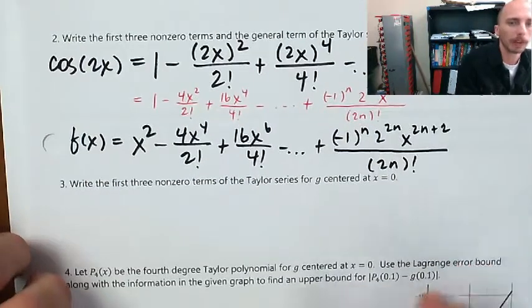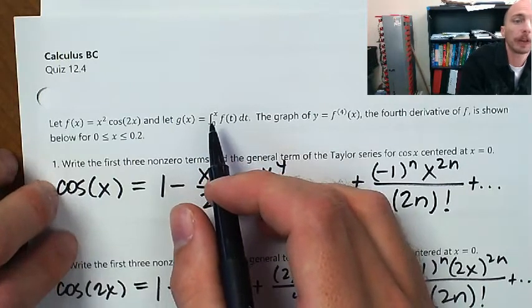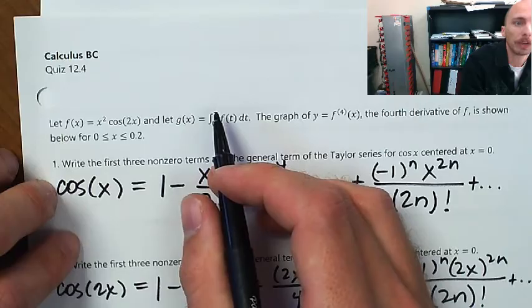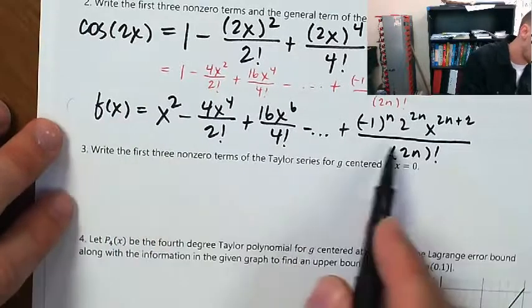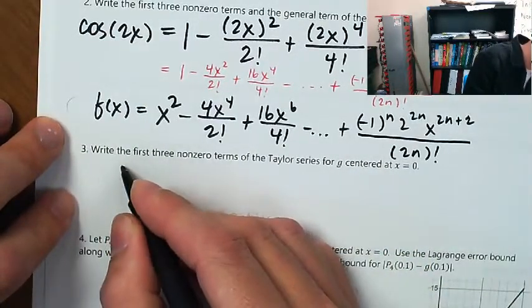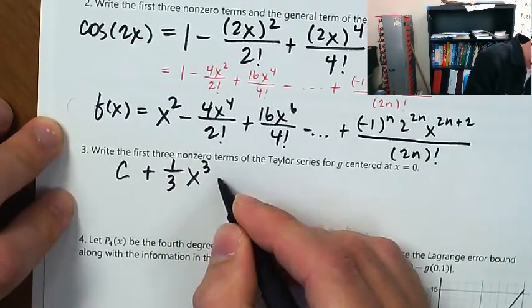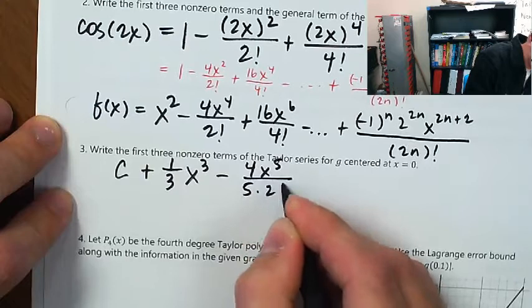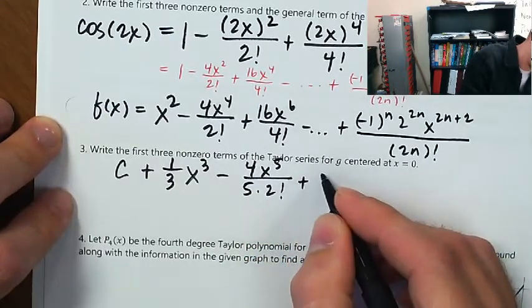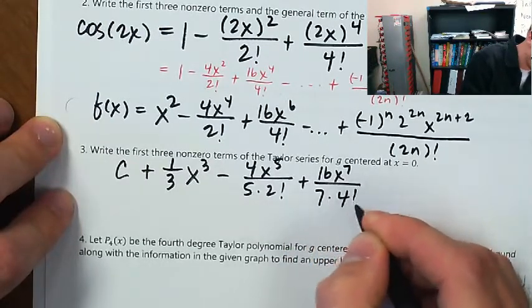Okay, that's f. Now we're going to write the first three non-zero terms of the Taylor series for g. Going back up, g is an antiderivative for f with respect to x, with g of 0 equals 0, because if I plug in 0, I'll have the integral from 0 to 0, and we know that comes back to 0. So I'm going to anti-differentiate this: c plus 1/3 x to the 3rd, minus 4x to the 5 divided by 2 factorial times 5, plus 16x to the 7 divided by 7 times 4 factorial.